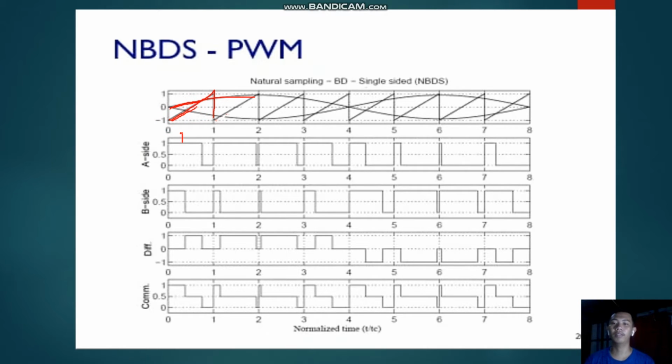At this period, our sine wave is less than our sawtooth wave, so we have a value of 0. Next, our sine wave in this area is greater than the sawtooth wave, so we have a value of 1, and it continues to the end of the digital signal.